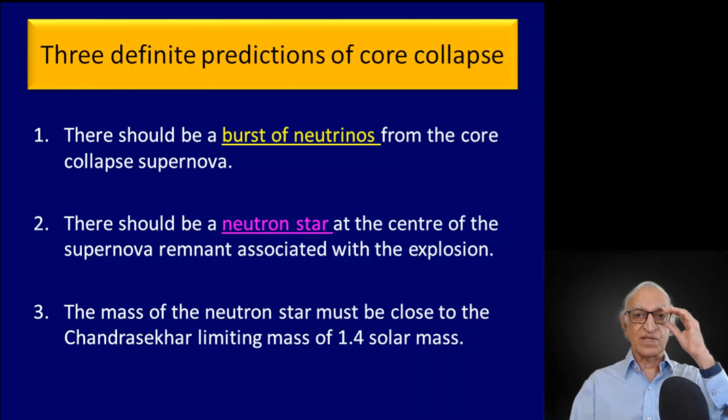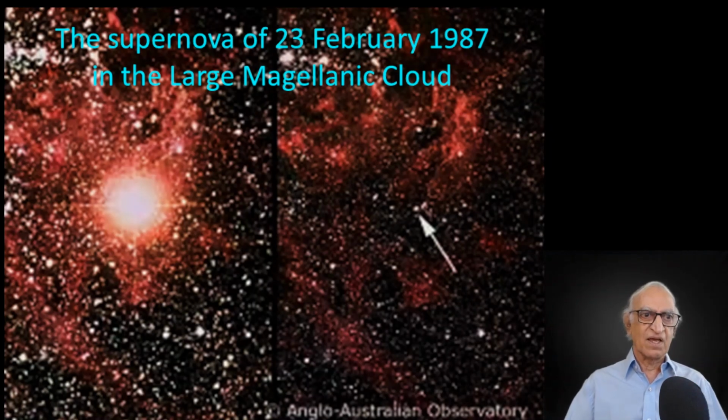So what do observations tell us about these three predictions? Well, let's look at it. On the 23rd of February 1987, this star at the tip of the arrow exploded in the Large Magellanic Cloud, which is the nearest galaxy to us. And this is the supernova.